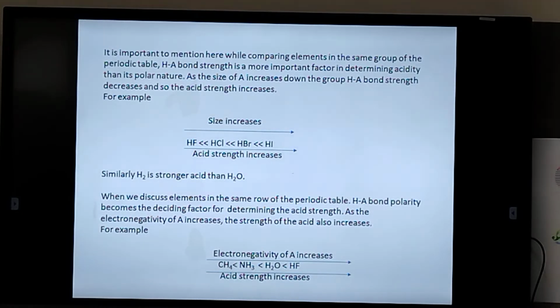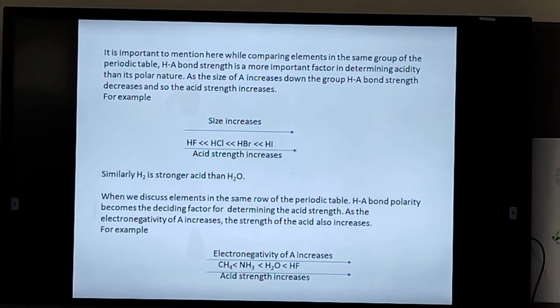As the size of A increases down the group, H-A bond strength decreases, so the acid strength increases. For example, HI is more acidic than HBr, HBr is more acidic than HCl, and so on. Similarly, H2S is a stronger acid than H2O.